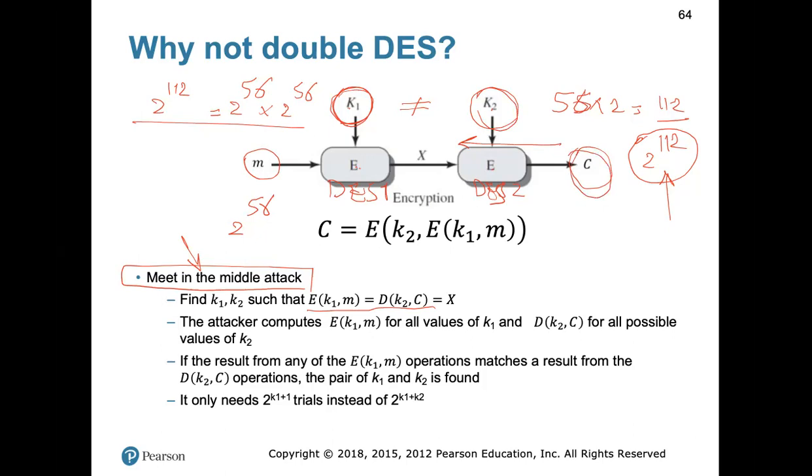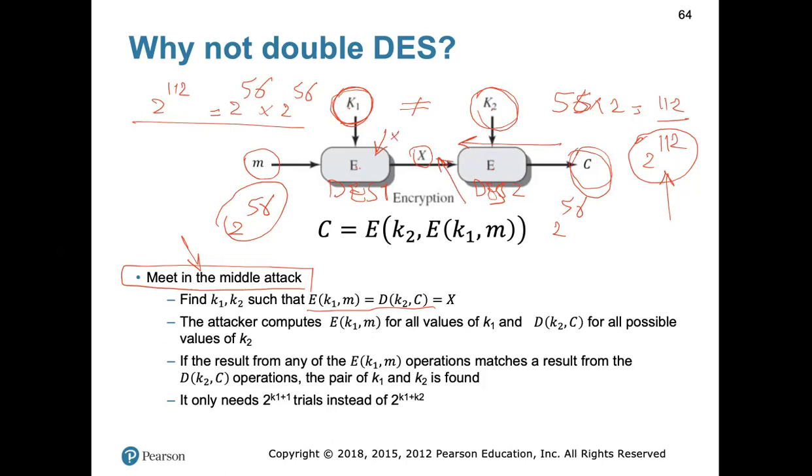And again, it needs a search in the space of 2 to the power of 56. So I'll get 2 to the power of 56 encrypted values at the end of round 1, and I'll get 2 to the power of 56 different decrypted values from the ciphertext.